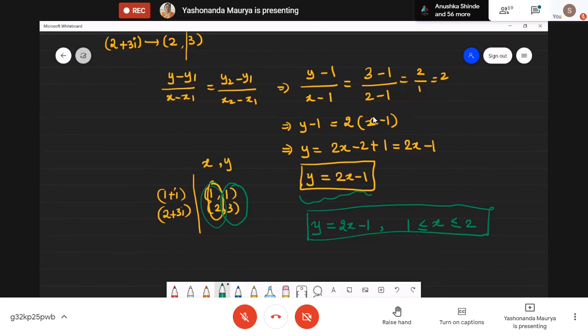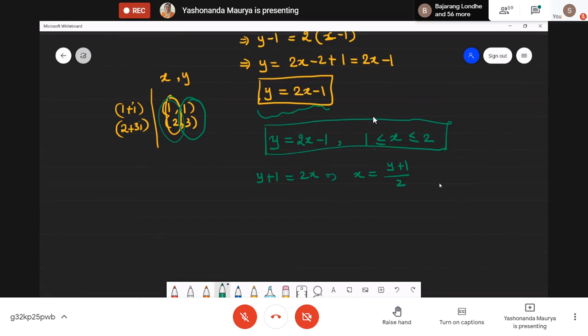Okay. There is another way also. Now see this expression. I can rearrange it. We can write it as y plus 1 is equal to 2x, that is, x is equal to (y plus 1) divided by 2. So now we have written x as a function of y. In this case, we need the variation for y.